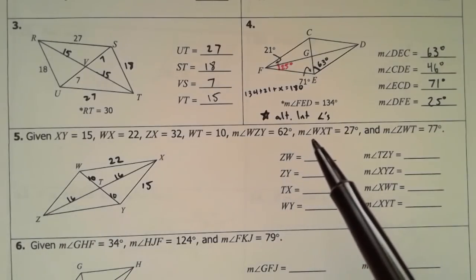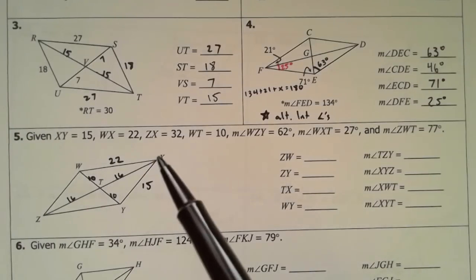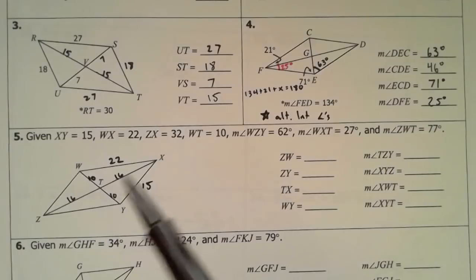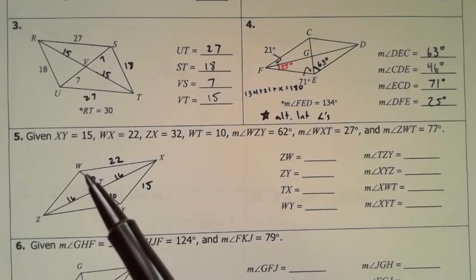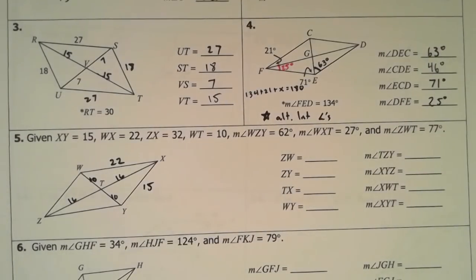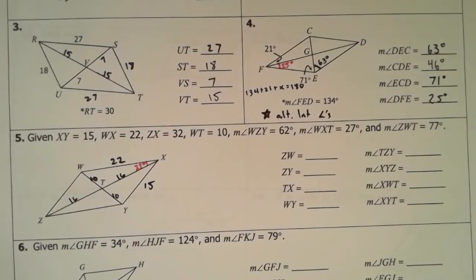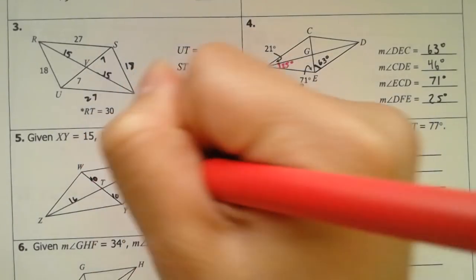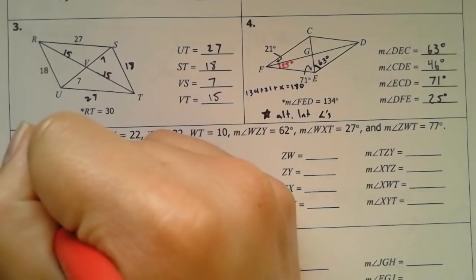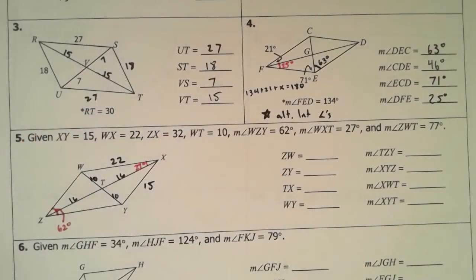Then it says the measure WXT, so it's half, not half, but this angle here is 27 degrees, and I'm going to write this in red. So this one is 27 degrees, 27, the previous angle was 62, so that's the entire thing, 62 degrees.